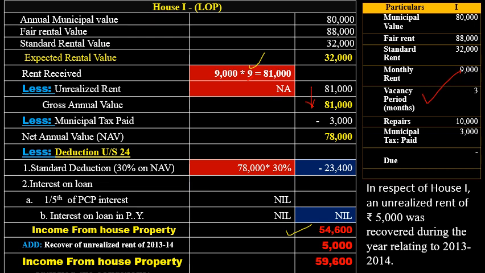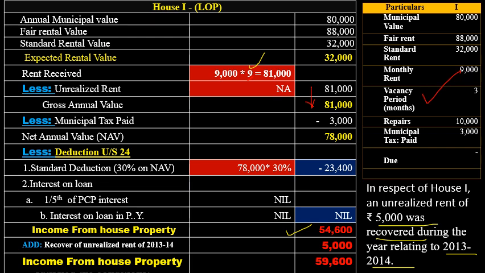And as I told in the beginning, there is 5,000 unrealized rent related to the previous year 13-14, which was recovered in the present previous year. So it is to be added to the income of the house property. You can add it to house one, or add it at the end for the grand total. I have added it here only.